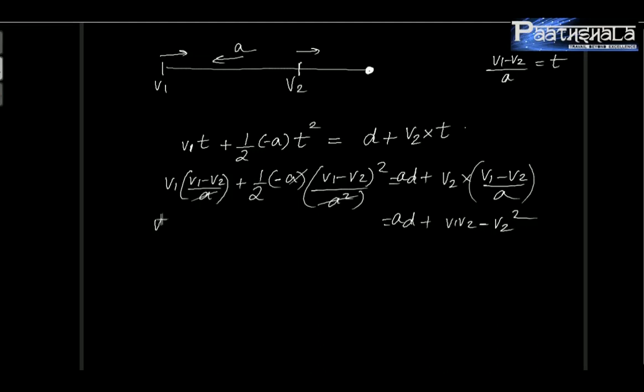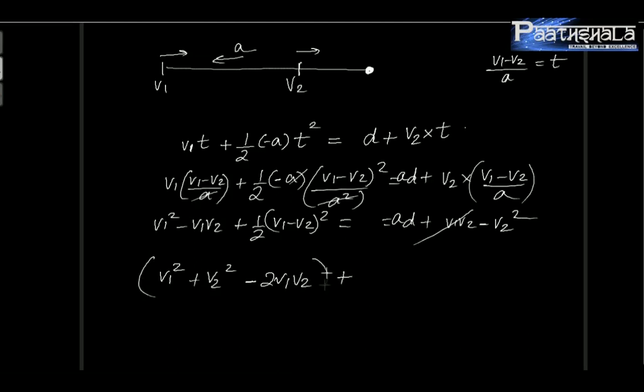AD is equal to, okay, so V1 square minus V1 V2 plus half of V1 minus V2 the whole square is equal to V1 V2 minus V2 square. V1 V2, when we take it towards this side, it's V1 square plus V2 square minus 2 V1 V2 plus half of V1 minus V2 square with a minus sign.